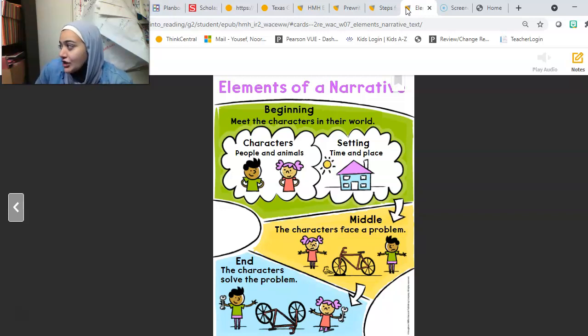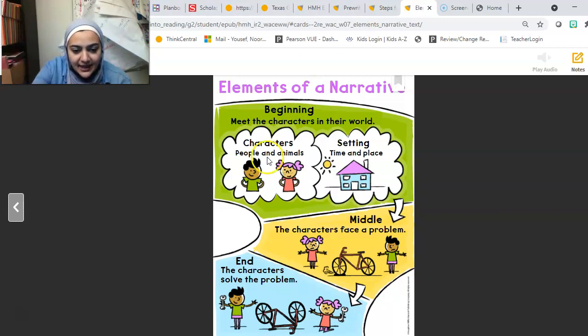So in the beginning, you have to share who your characters and your settings are. And in the middle, the characters face a problem. What's the problem the characters are facing? And in the end, the characters solve the problem. How did they solve the problem? So these are all parts of a narrative that need to be included in your writing.